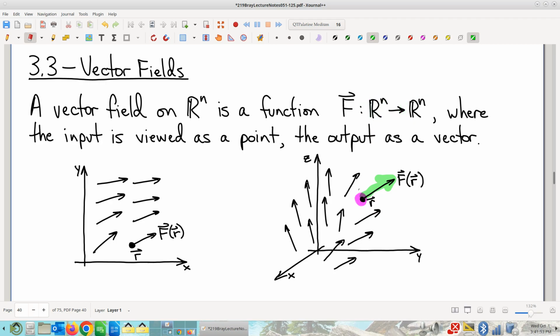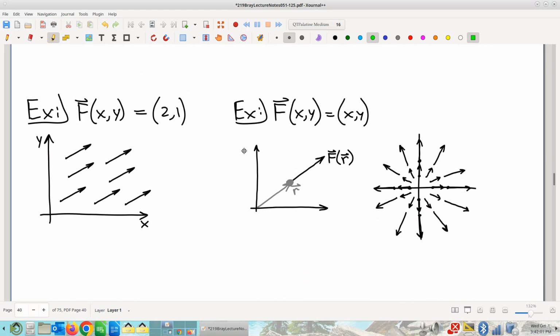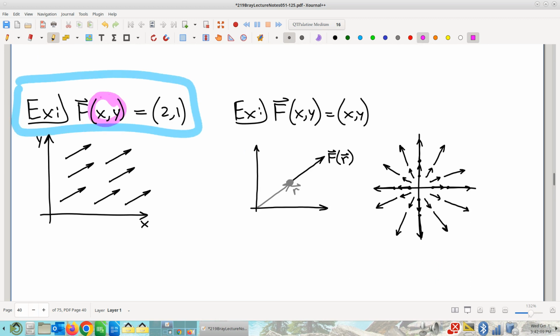All right, so we'll talk about some applications in a bit, and we're going to do tons of applications once we get to chapters 6 and 7. But let's get some examples under our belt. First, looking on the left here, this vector field at a given point. Here's the formula for our field vector, 2, 1. Keep in mind we draw the field vector with its tail at the point.